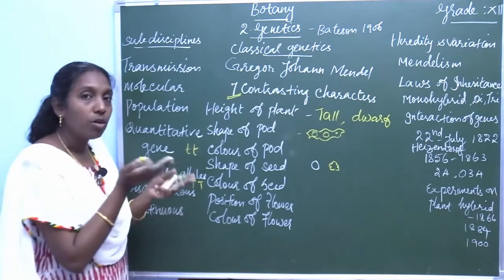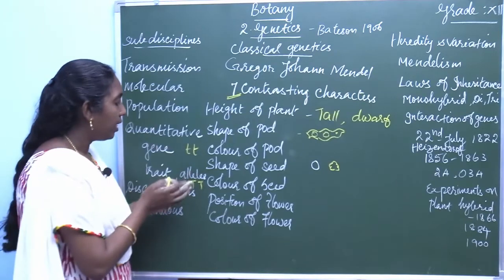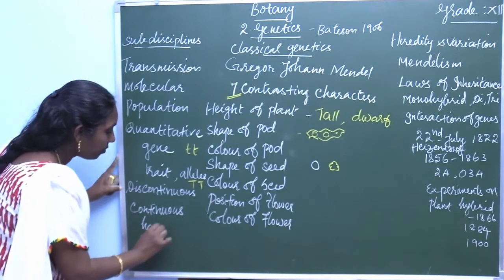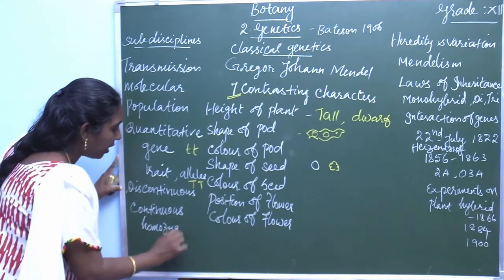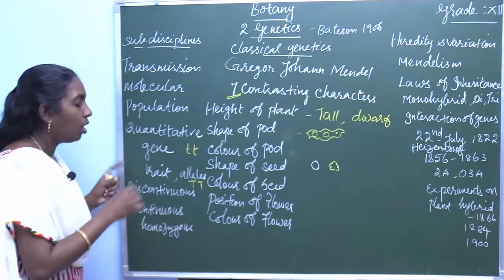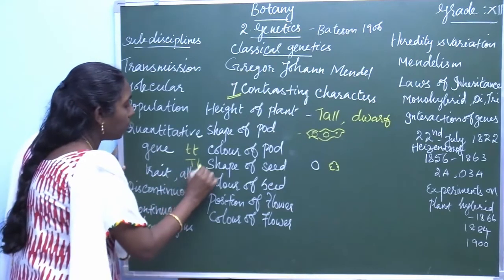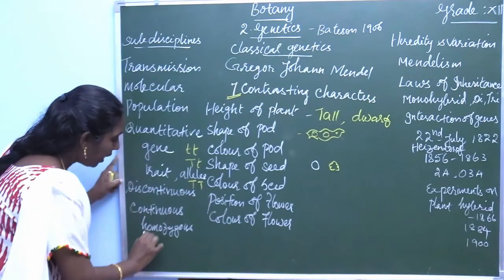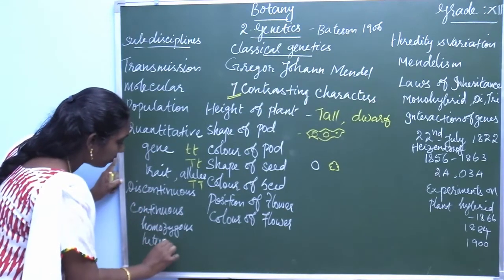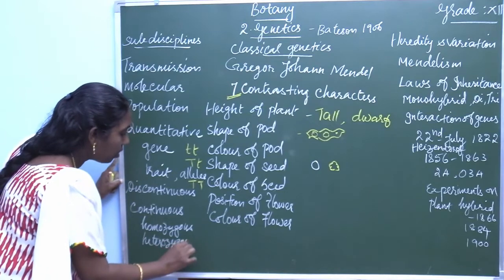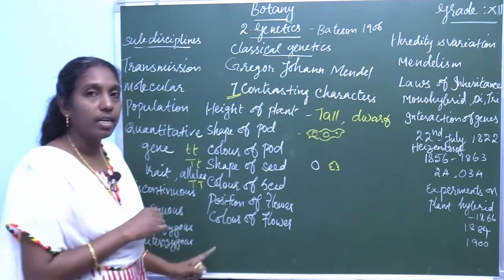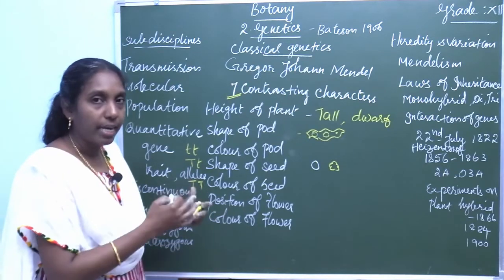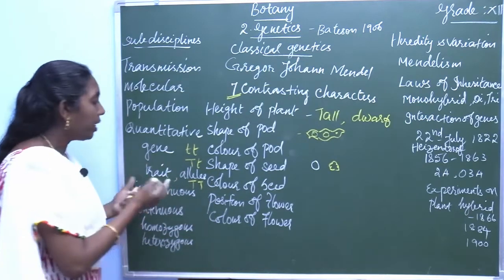If the alleles are the same or similar, they are called homozygous. Or if it shows capital T, small t, that is different, it is called heterozygous. Homozygous alleles or heterozygous alleles, traits, dominant, recessive.